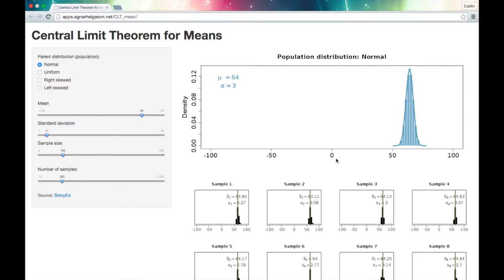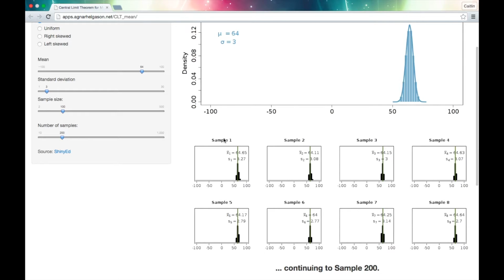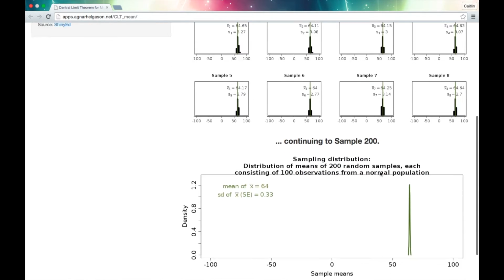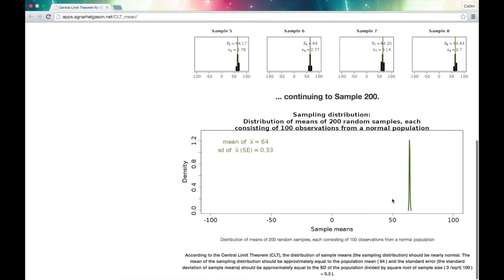So in the population, I know that my mean is 64. Here in the first sample, what I see is that I have a mean of 64.65. In the second sample, I've got a mean of 64.11, and so on. Here I'm going to record all of these means. And we're going to take those samples 200 times. And what we end up with is this new normal distribution.